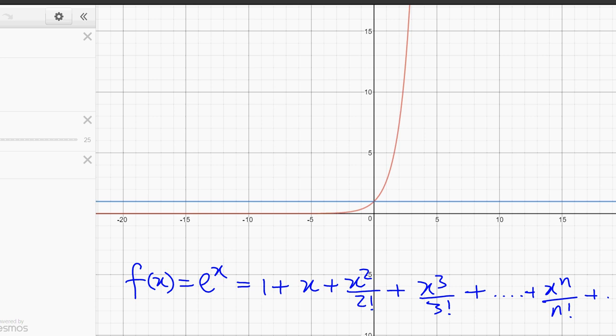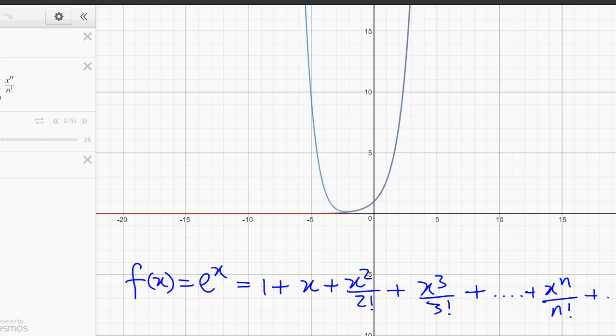If you have a series representing this, then you can generate several polynomials that can approximate the original function. All right. And what you're seeing here is basically, let me start from the basic one.